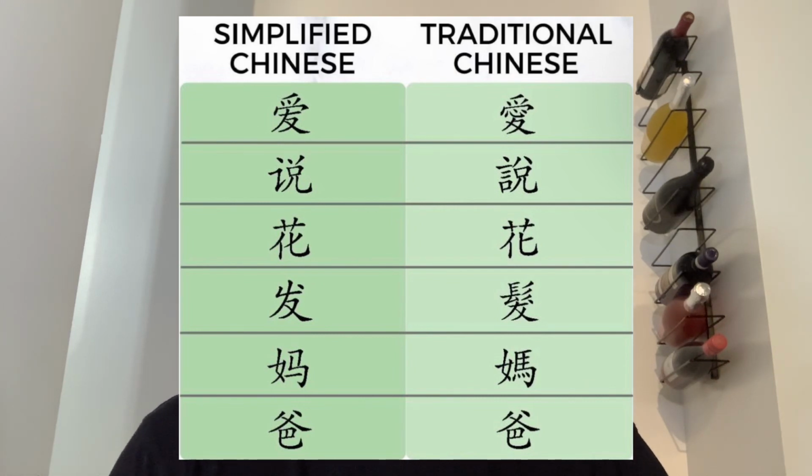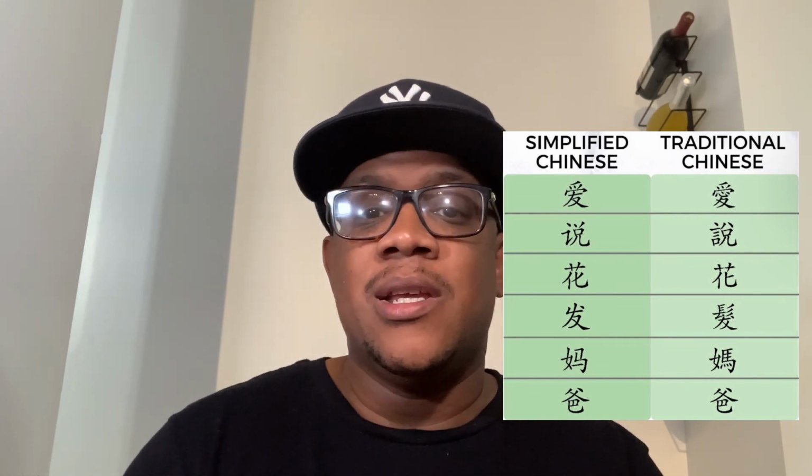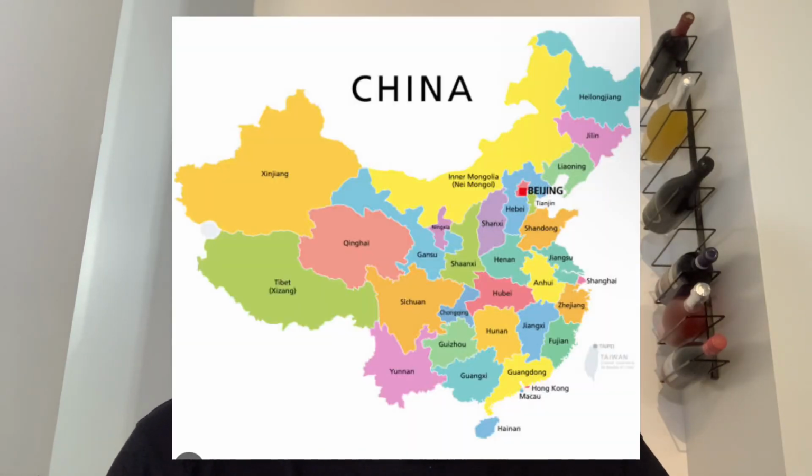Depending on where you're at in China depends on what system they'll use. The system that I've learned was the simplified system, but I can still read and recognize the more traditional words when they come about. So depending on where you are is where you'll see mostly simplified or traditional writing systems.